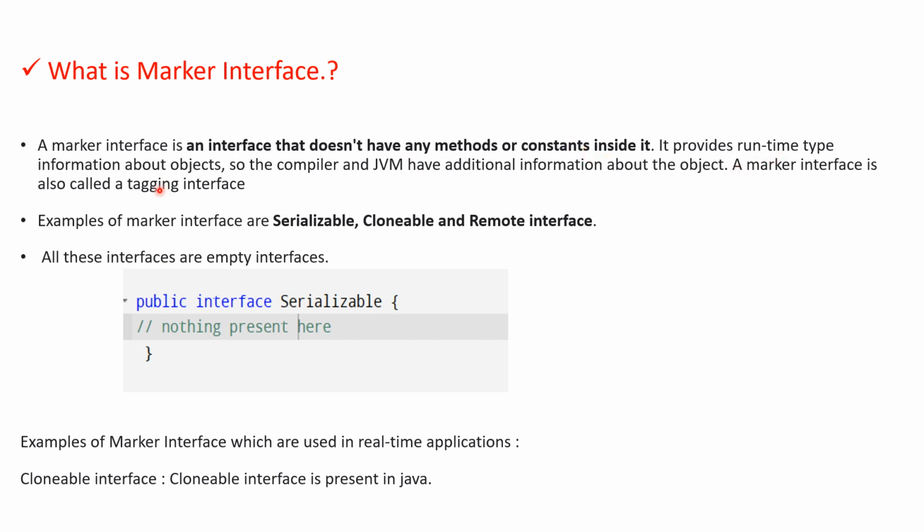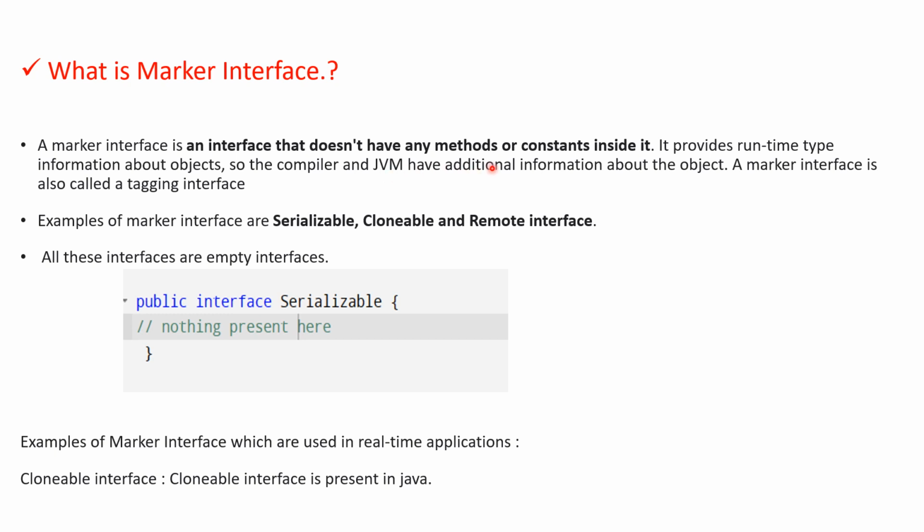It provides runtime type information about objects, so the compiler and JVM have additional information about that particular object. A marker interface is also called a tagging interface. So a normal interface has methods, while a marker interface is just an empty interface.